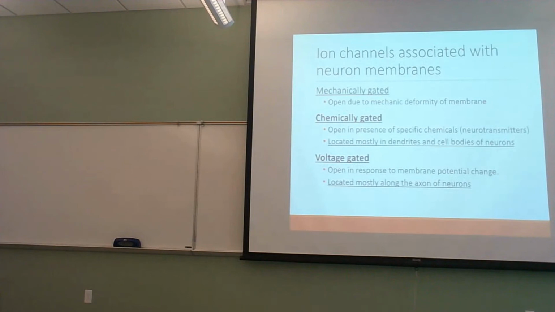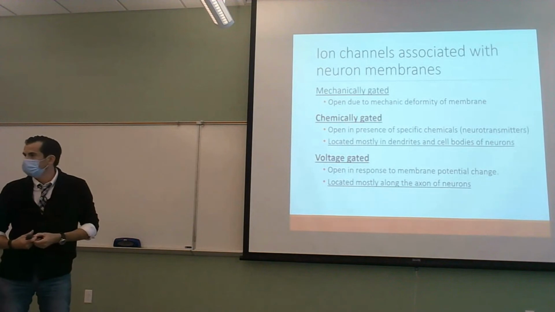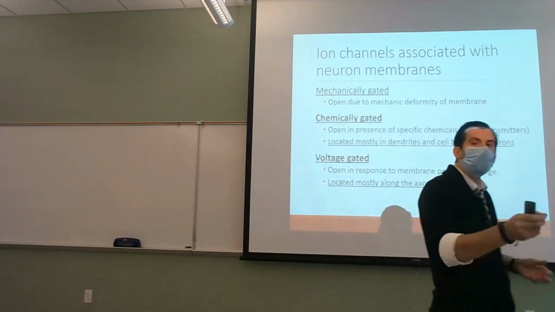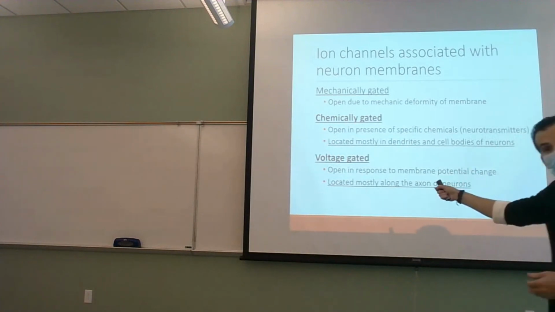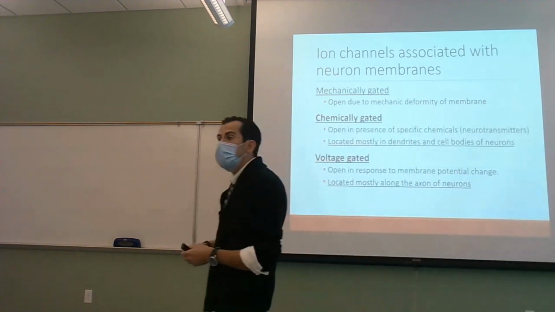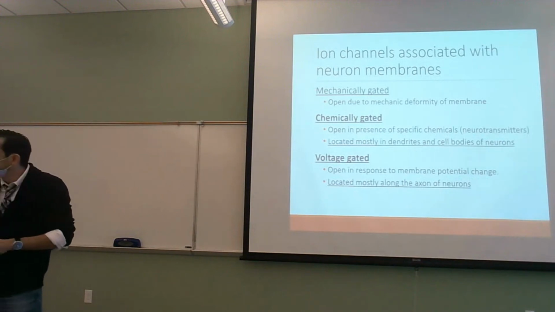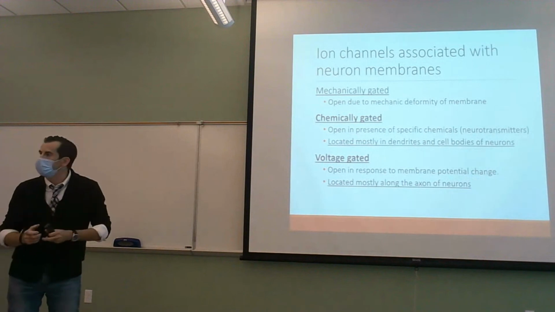We've got 3 different ones we're going to illustrate, and admittedly the first one doesn't count for descriptive purposes. Mechanically gated channels. These are channels that we see in a cell membrane that will open up and allow solutes to pass through if they're mechanically deformed.